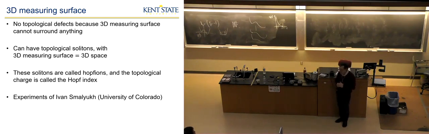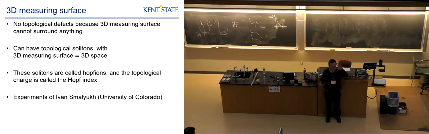There is a topological invariant which talks about how you cover things as you look everywhere on a three-dimensional measuring surface. Now, if you wanted to have defects associated with that charge, you would need to be in a four-dimensional universe where the 3D surface can surround something. We don't have that.